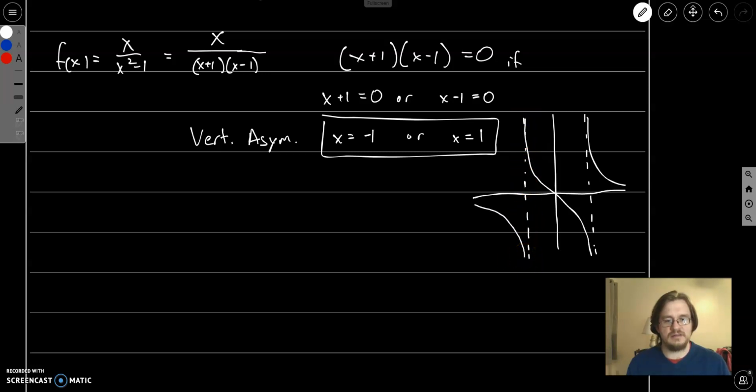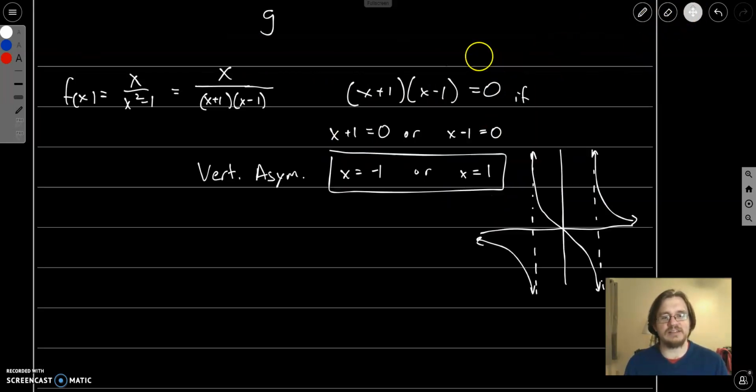And this. So we can see that we have two vertical asymptotes here. Essentially, we're dividing by 0 in two places that don't cancel with the top. So this is how I would find my vertical asymptotes.